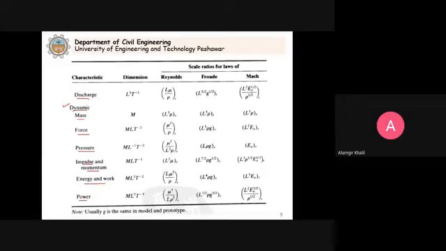You can directly use these scale ratios when, for example, it is given in the problem that you consider the similarity of the Reynolds number, and if the power developed in the model is this much, what will be the power developed in the prototype? You can use this here. So remember that these scale ratios are very helpful when we analyze problems. Clear?